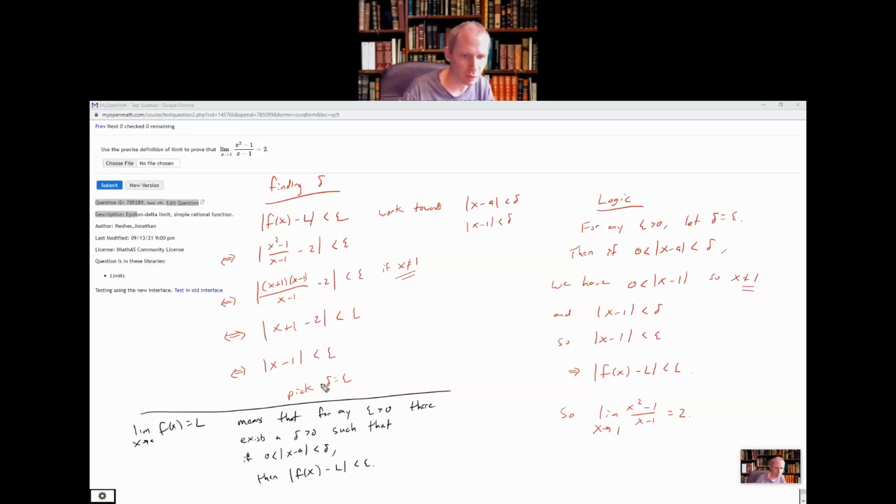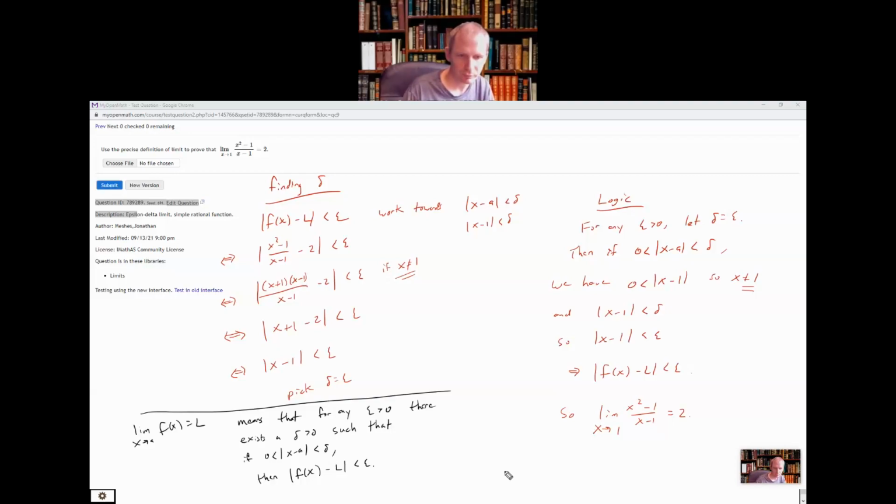So I'm working backwards, and that's the problem. So I need to reorder it and say, from the beginning, if you have an epsilon, pick delta to be this thing, and then if you have the if statement, that gives you |f(x) minus L| less than epsilon. That's what we wanted to show, so we have the limit. When we want to find delta to do the work, we have to work backwards, but to write it in a way that makes sense, we have to start from the beginning, not from the end.